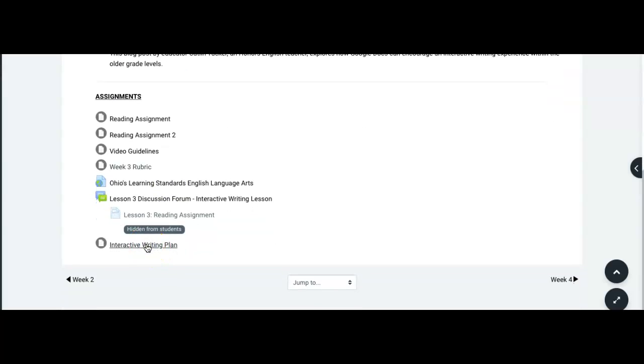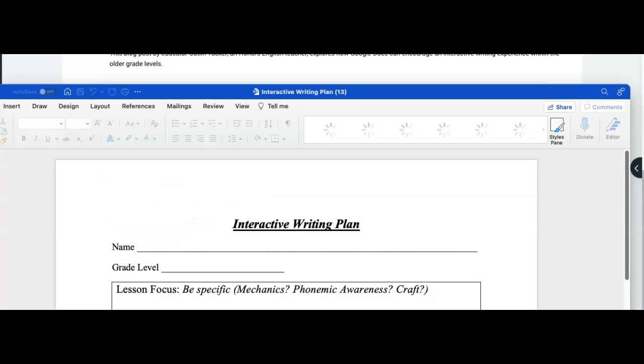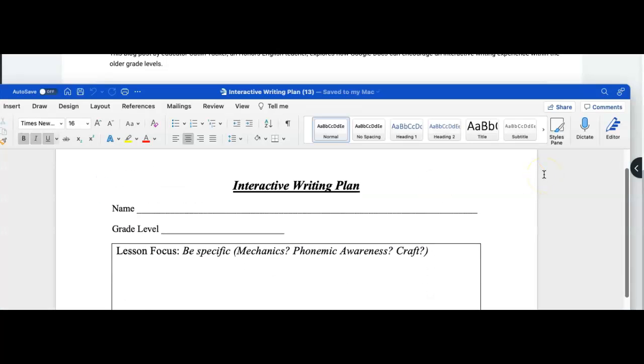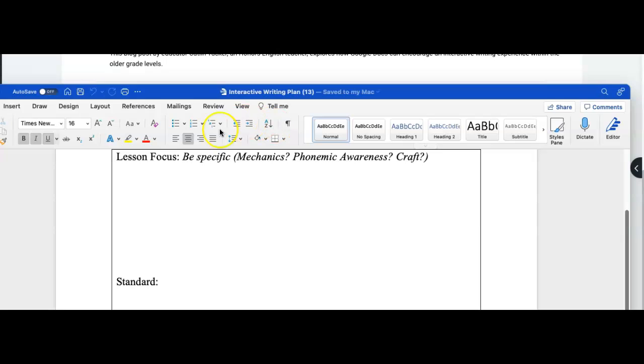Here is your interactive writing plan sheet that you're going to be using. What is going to be the focus of the interactive writing? Are you going to be working on phonics skills? Are you going to work on mechanics, phonemic awareness, writer's craft?